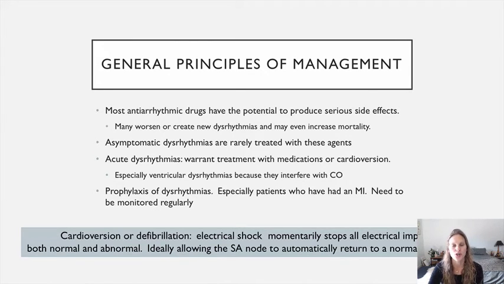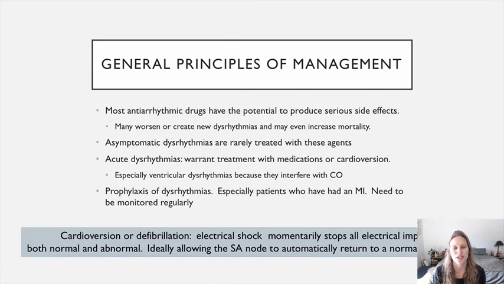Because the drugs are so tricky and so potentially dangerous and in many cases not all that effective at correcting for all dysrhythmias, sometimes what's used is a practice called cardioversion or defibrillation.